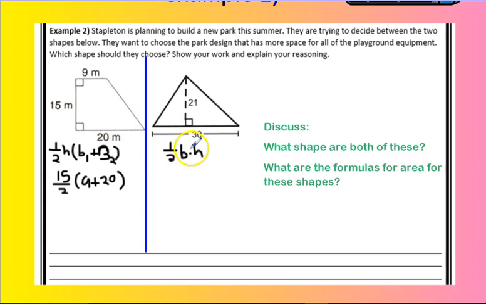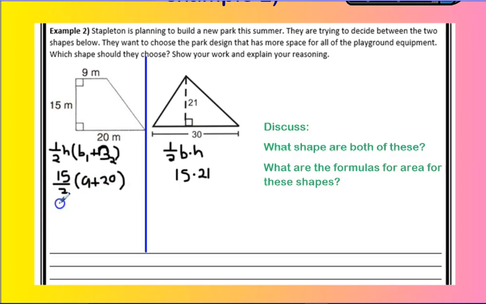Now, for this one, we have 1/2 of base times height. The base is 30. What is half of 30? Half of 30, or 30 divided by 2, is 15. So we want half of base, which is 15, times the height, which is 21. Go ahead and we're going to use our calculator in a minute here.